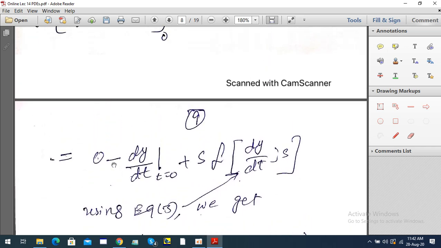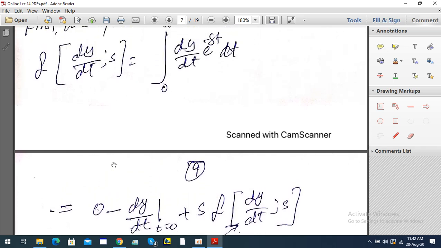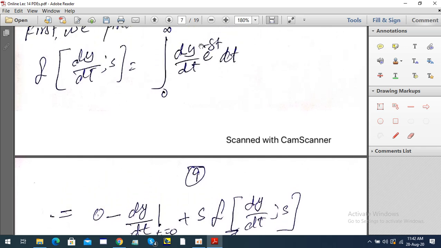Let me explain this again, that you have to solve this integral. How to solve this integral?